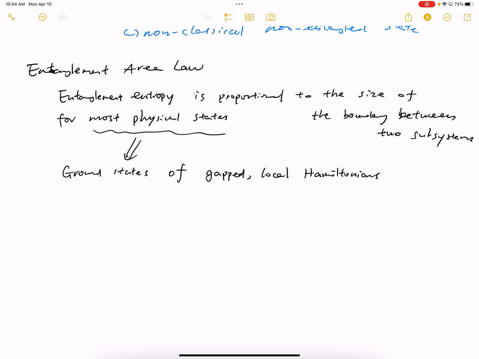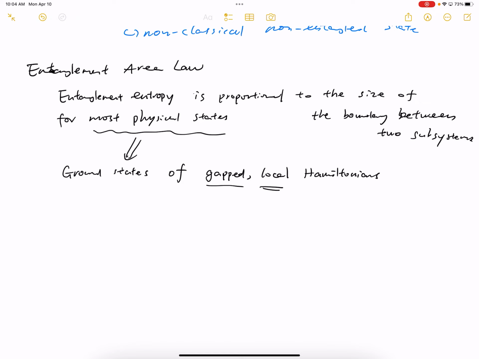The first big class of physical states is ground states of gapped local Hamiltonians. So let me define what gapped and local mean. The gap basically means there's an energy gap above the ground state. If you have degenerate ground states, that also counts, so we just call them all the ground states. But there's an energy gap between the ground states and the first excited state, and that energy gap does not go to zero as the system size goes to infinity. That's what we call a gapped Hamiltonian.